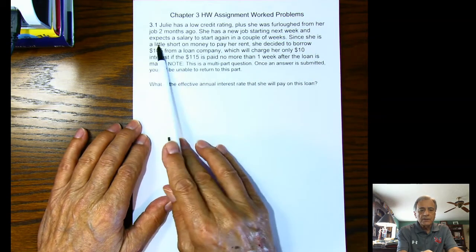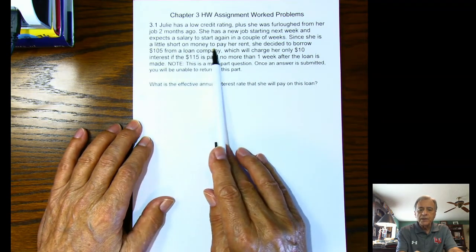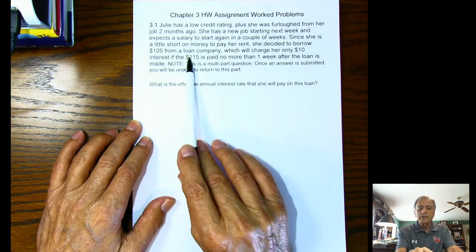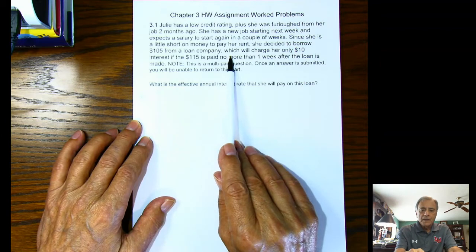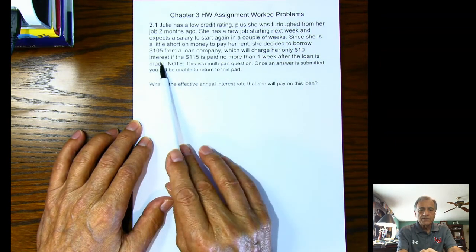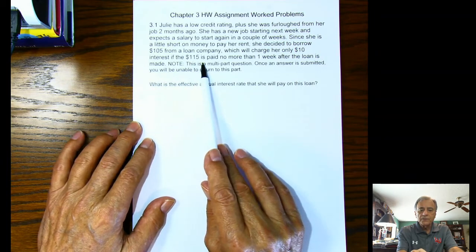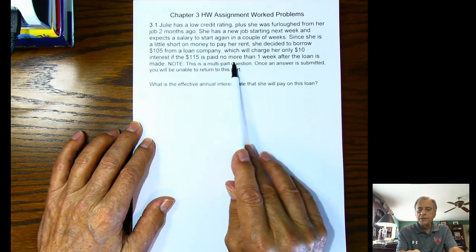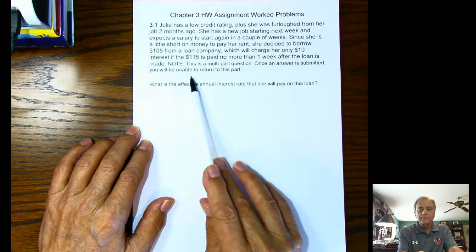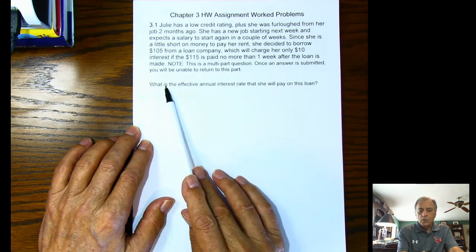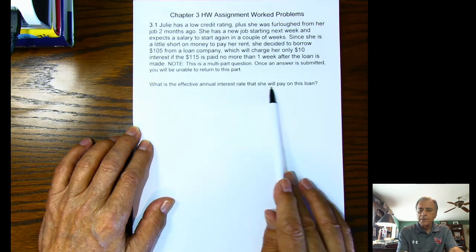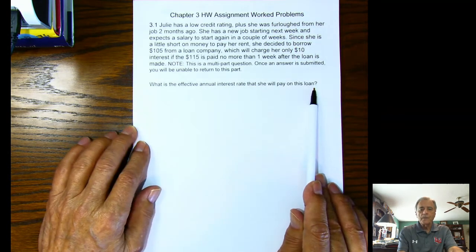Since she is a little short on money to pay her rent, she decides to borrow $105 from a loan company, which will charge her only $10 interest if the $115 is paid no more than 1 week after the loan is made. What is the effective annual interest rate that she will pay on this loan?